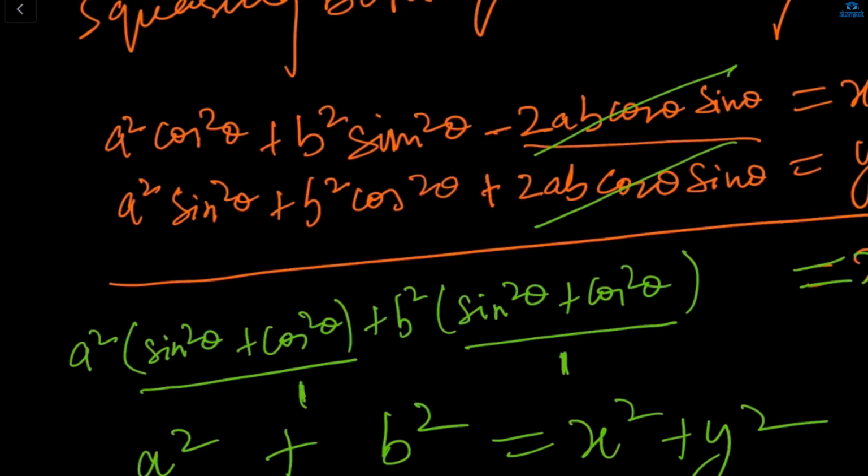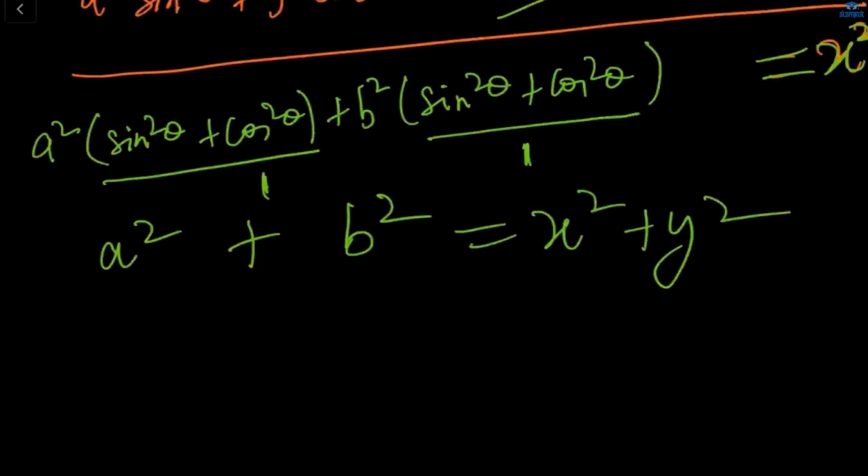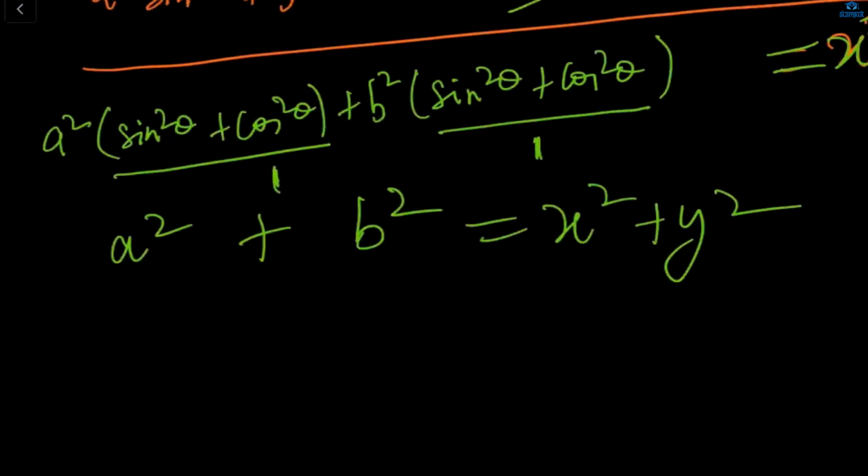So I have taken a square as common in the expression and got sine square theta plus cos square theta. In the second, I have taken b square as common, sine square theta plus cos square theta. Whenever you are proving in trigonometry, you have to check the question and what your RHS should be, and work accordingly. Now sine square theta plus cos square theta, as we know, is 1 from the identity.